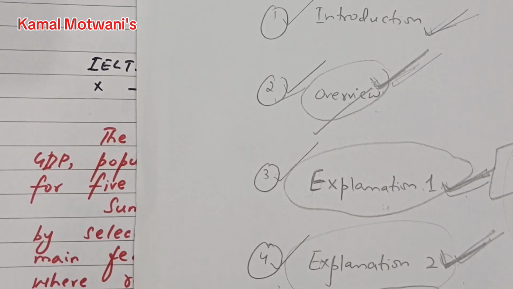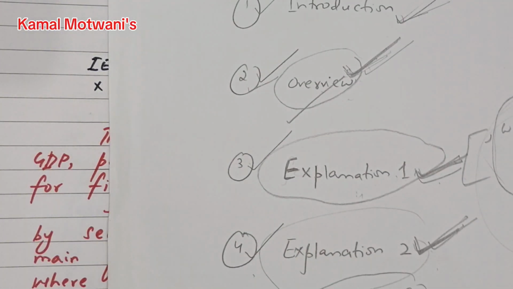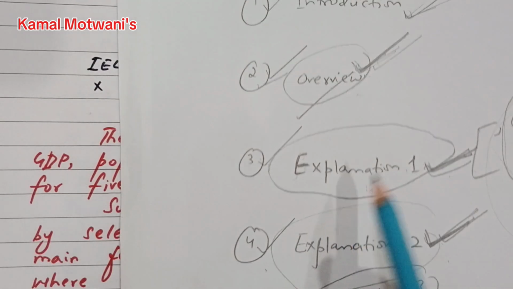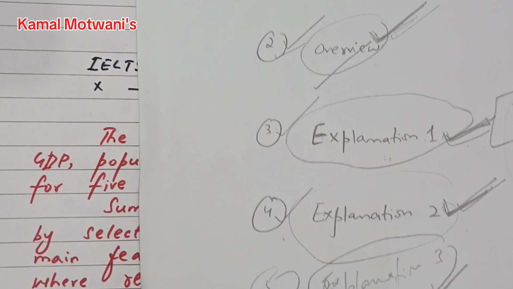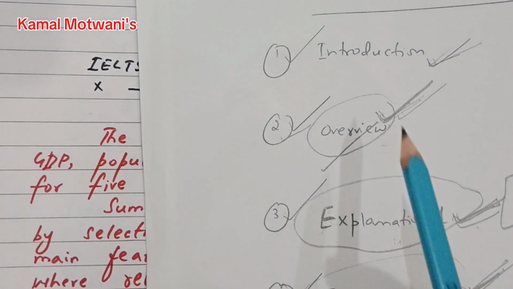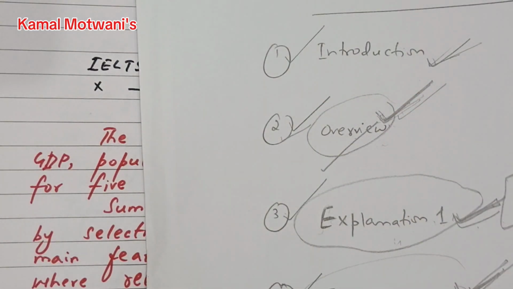This is pertaining to the number of paragraphs that we want to include in our IELTS writing task. So these vary: explanation 1, explanation 2, explanation 3, or explanation 4. It depends on us how many paragraphs we want to write. So first of all we write the introduction, then the overview, then the paragraphs pertaining to the explanations.